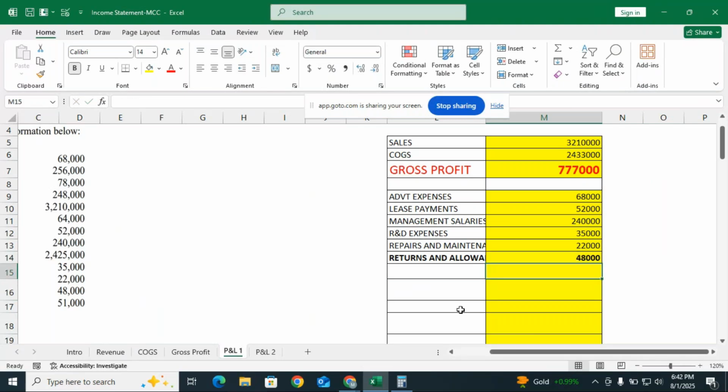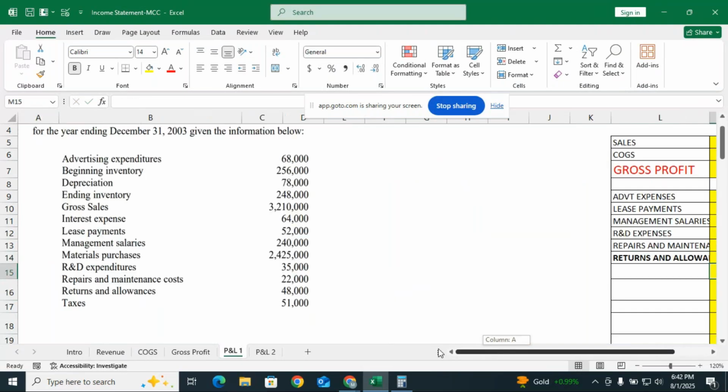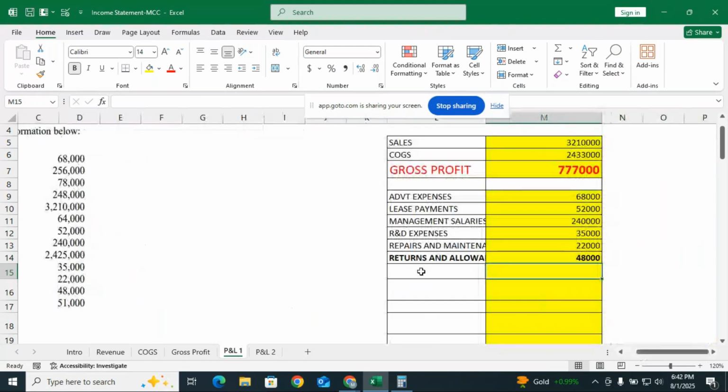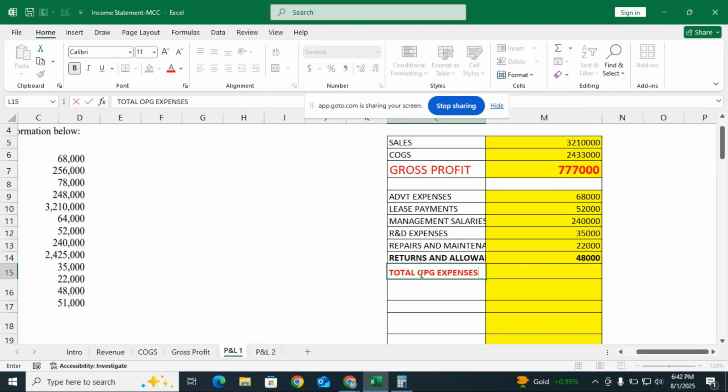Okay. So after this, you're going to arrive at the sum of all these expenses. Total operating expenses. So how do you calculate total operating expenses?